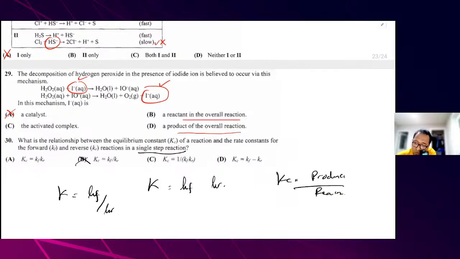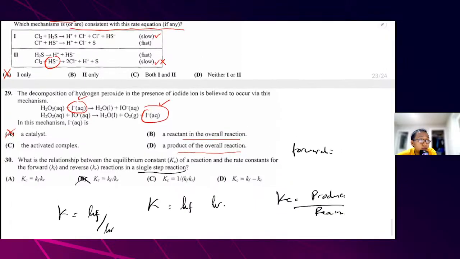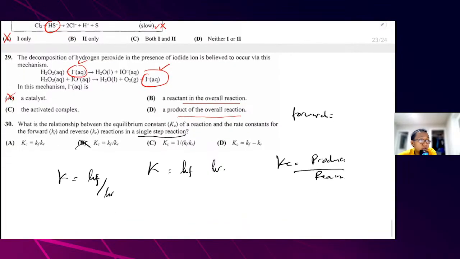So in the forward direction, the rate is K of reactant. And then in the reverse, the rate is K of product.